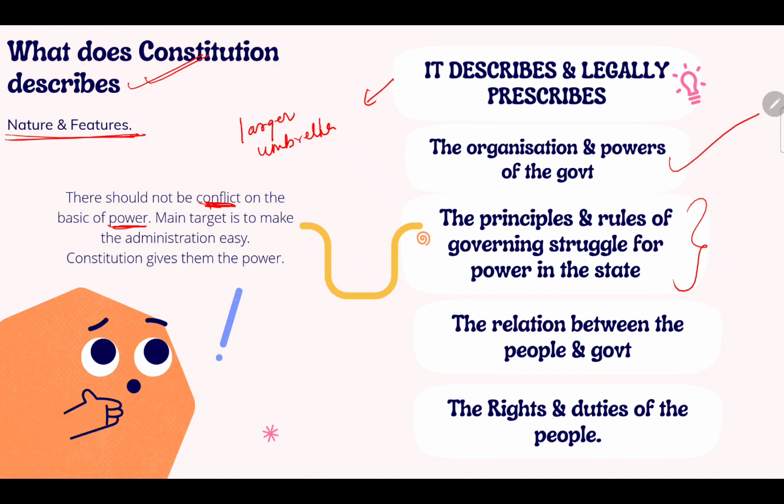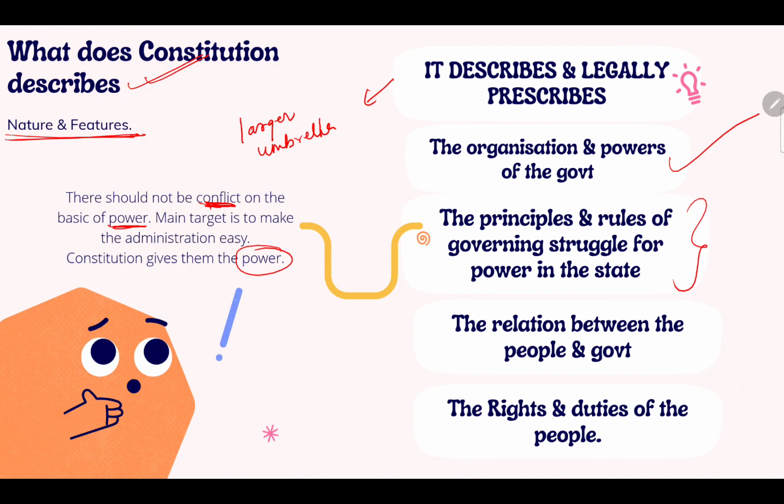The main target is to make the administrative process very easy, as the constitution gives them the power. And if the constitution has provided power, it should not be misused, and there should not arise any conflict between the shared power holders. I guess this one is clear.